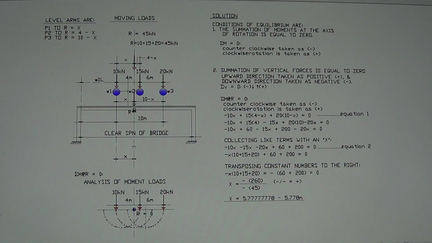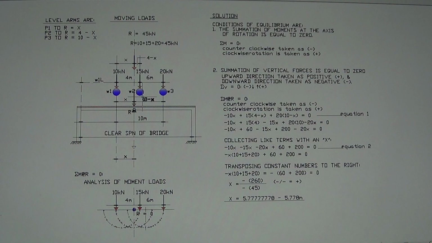So first we calculate the lever arm for P1, the first wheel, which is X, because we're taking moment here and we need the lever arm from the load to the point R. The lever arm for 10 kilonewton is X, and next is the lever arm for the 15 kilonewton.